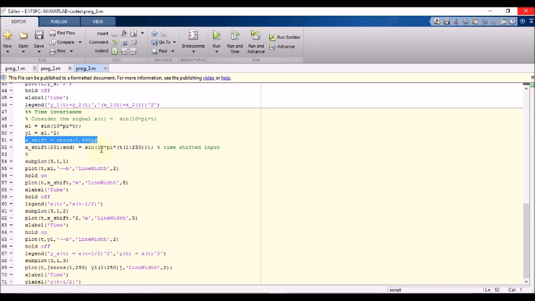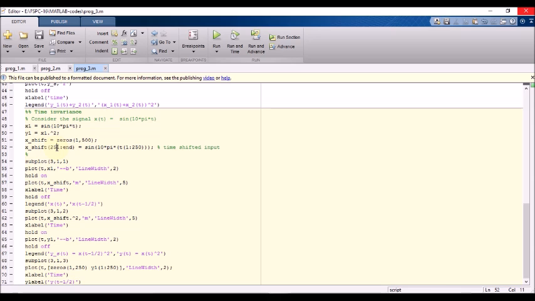So to shift a signal, what I do is I introduce zeros as the value, as many as the shift. In this particular case, we are shifting the signal by an amount of half a second. In the interval 0 to 1, I should add half the number of zeros.